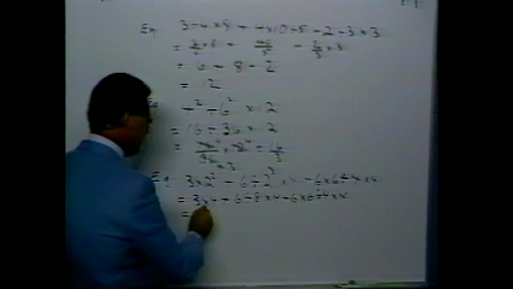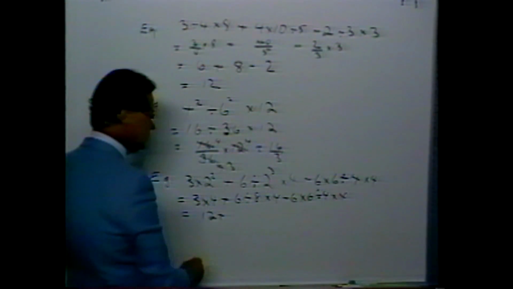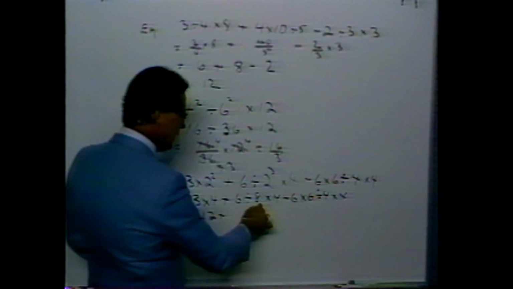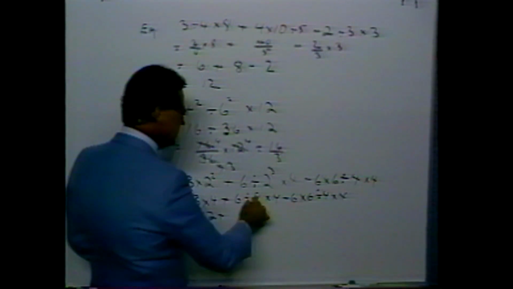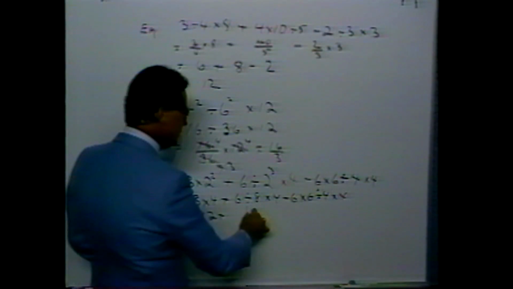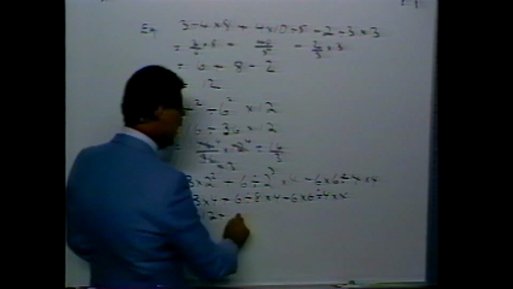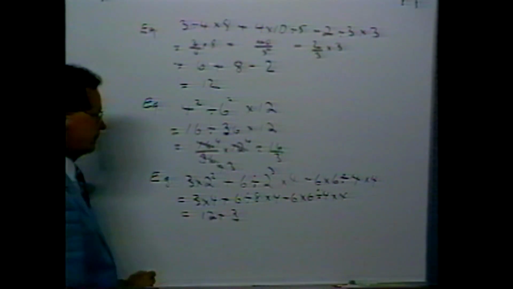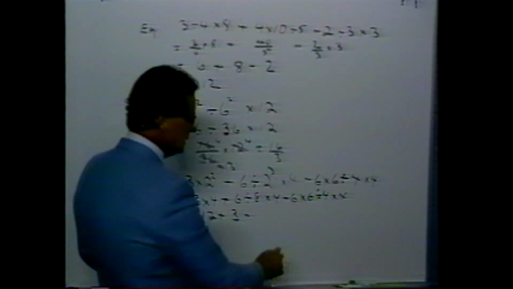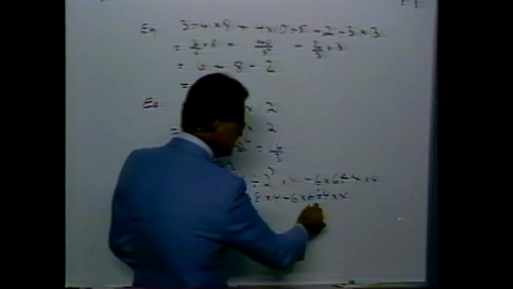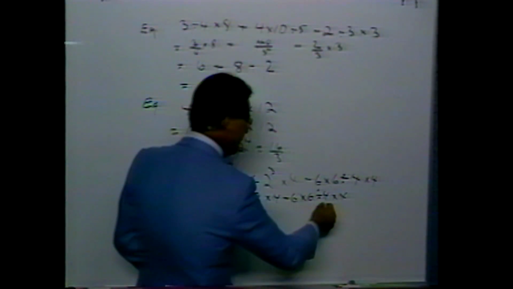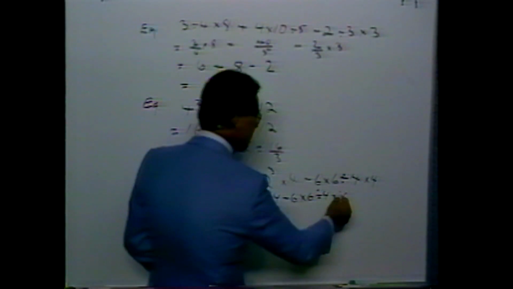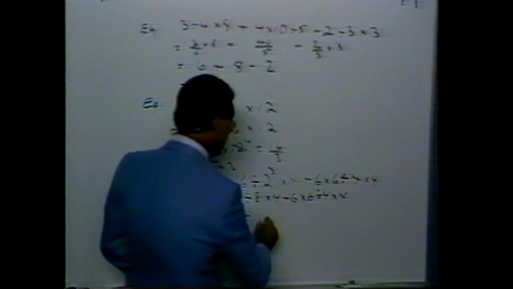So you would write 3 times 4 is 12 plus 6 divided by 8 first times 4. 6 over 8, that's 3/4. 3/4 of 4 reduces to 3, followed by minus. 6 times 6 is 36, divided by 4 is 9, and then 9 fours are 36 again.